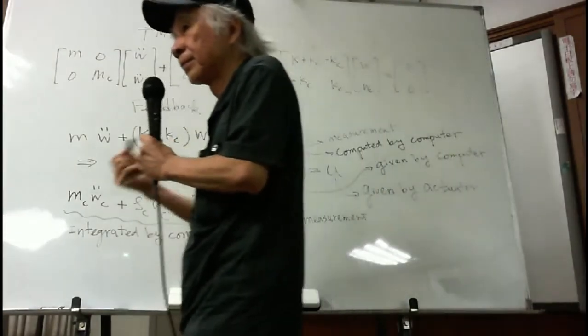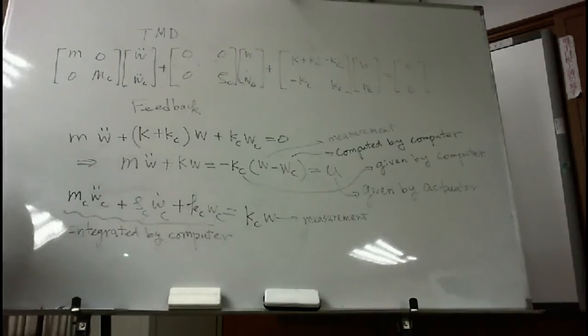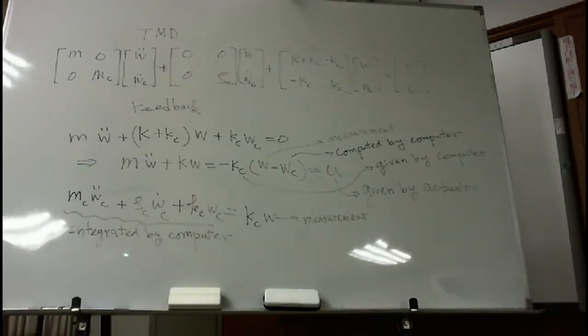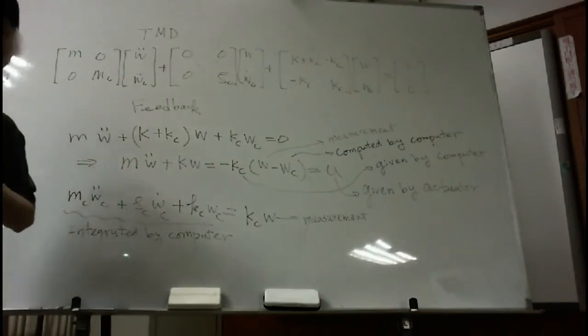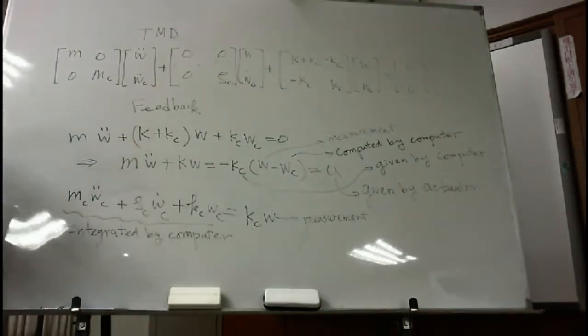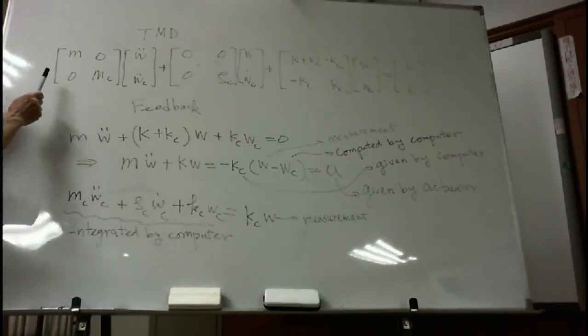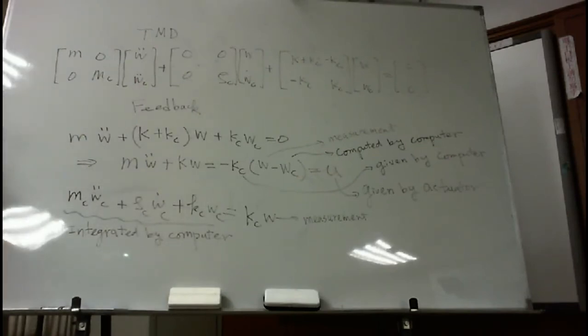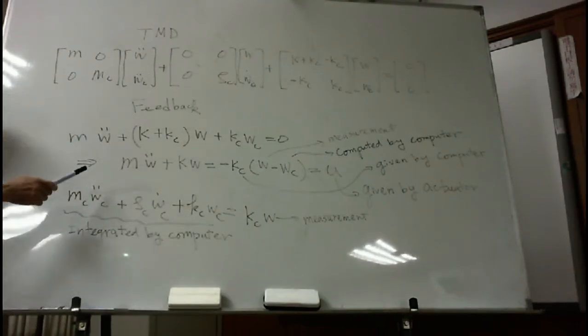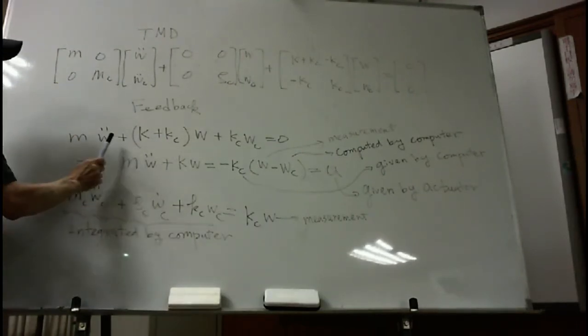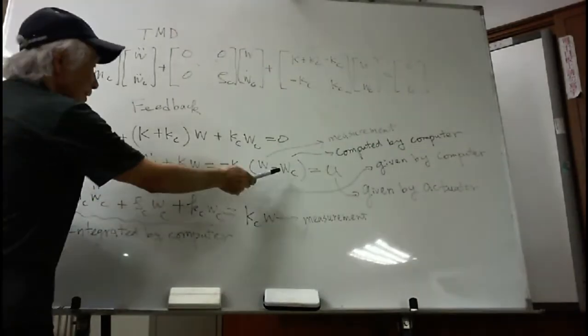All right, so you understand now the whole process. The process to design a feedback system is easy. You write a TMD, the system you want to mimic, and then from that system, you move some of the terms from the left-hand side to the right-hand side.